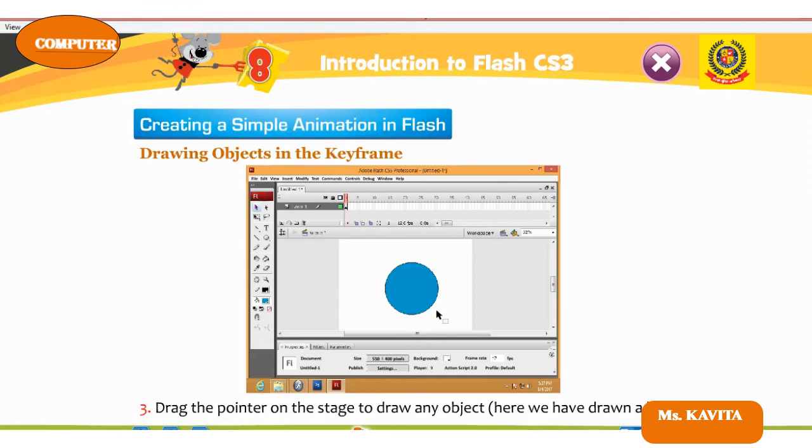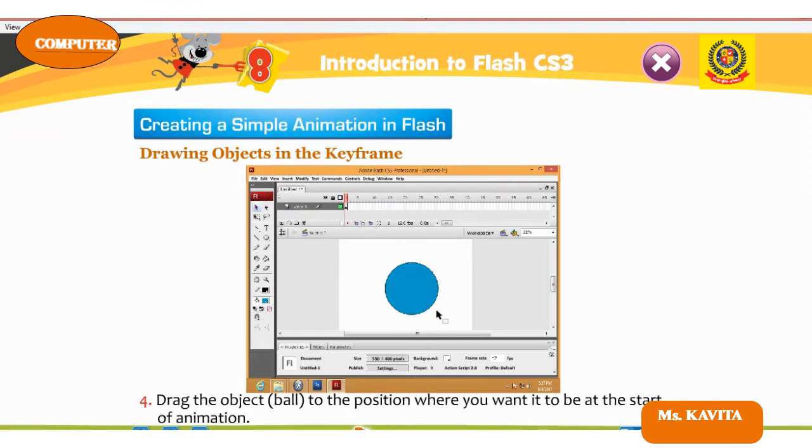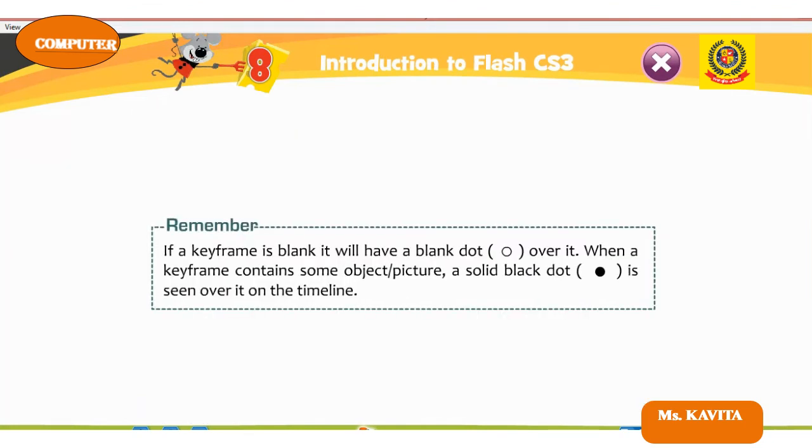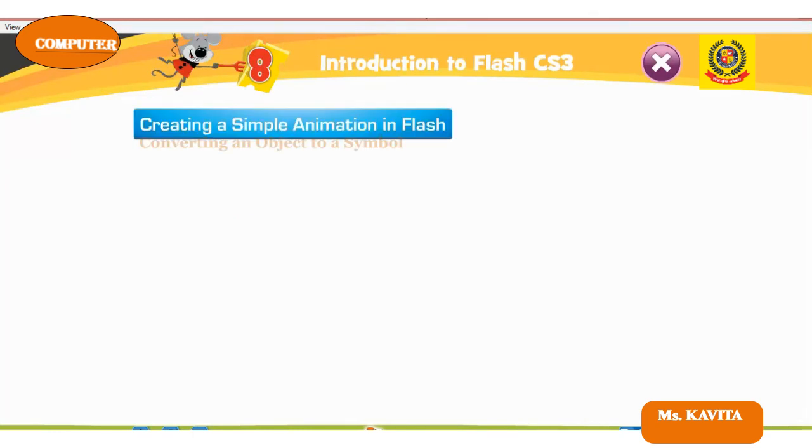Converting an object to a symbol. A symbol is a reusable object in Flash. Once an object has been converted into a symbol, it will go into the Flash library from where we can drag as many instances of it on the stage as needed. To convert an object to a symbol, follow the steps.